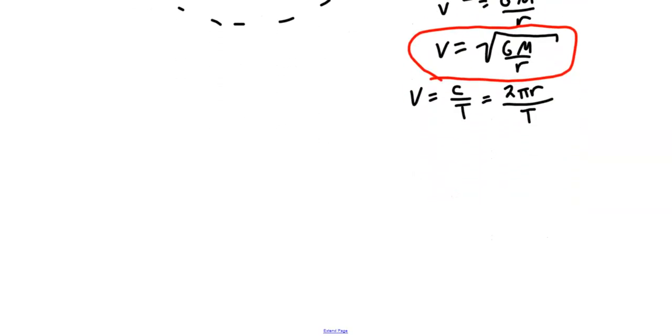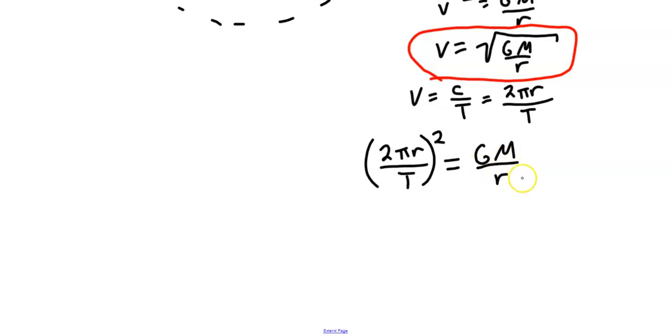Now let's do some algebra with this. I'm going to substitute 2 pi r over T in place of v in this equation. And I'm going to go ahead and get this GM over r out from under the square root, so I'm going to square all of this.